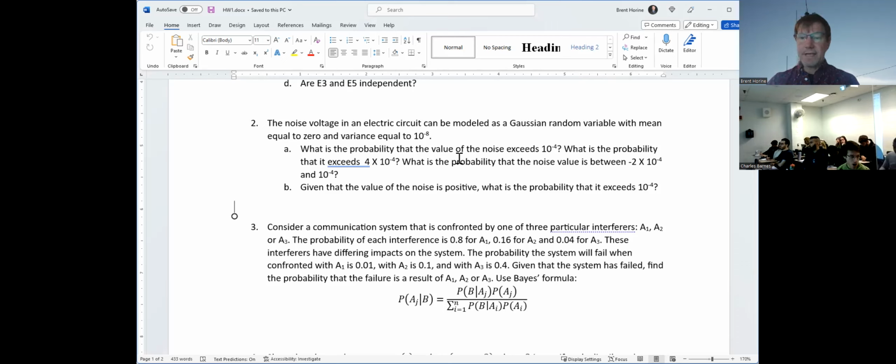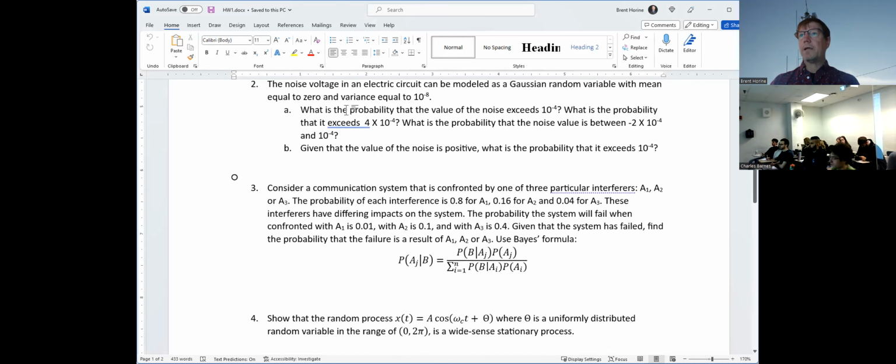If the PDF is Gaussian, then the integral of that is going to be this Q function. So that's where we'll need to do that. These are just setting up the different limits of your integrals, so translate those words into your integration limits.